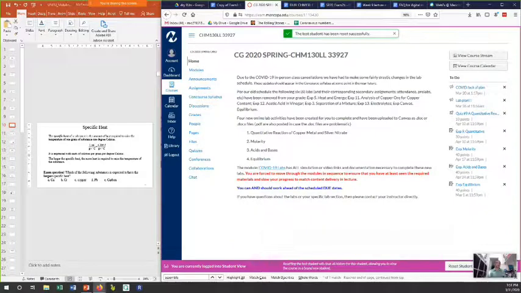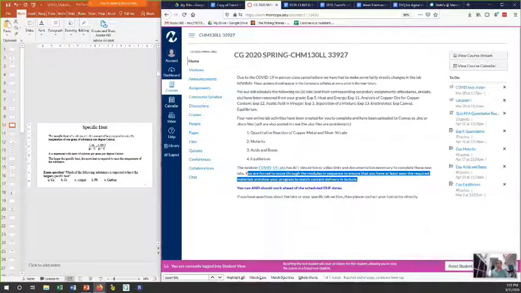So for our lab, when you go to lab, you should be getting this kind of screen when you first start into it. It gives you directions on what's happening for the rest of the semester. It gives you a couple warnings here that you are forced to move through the modules in sequence.